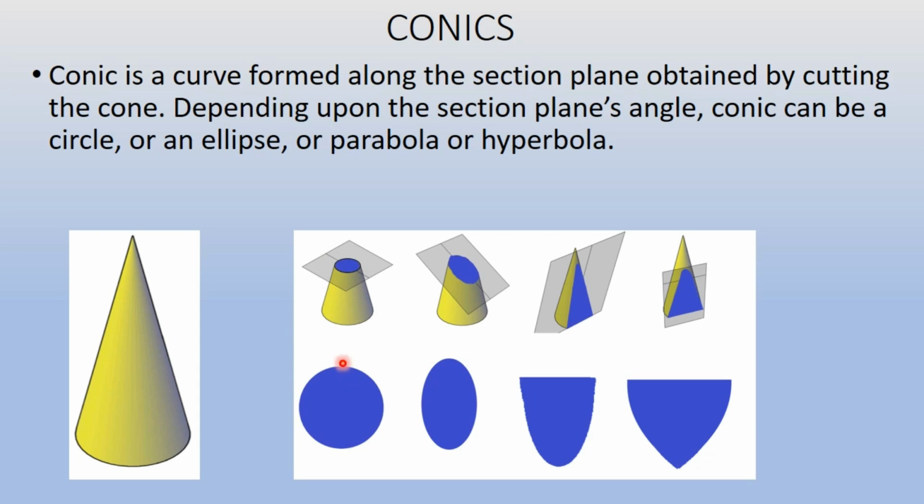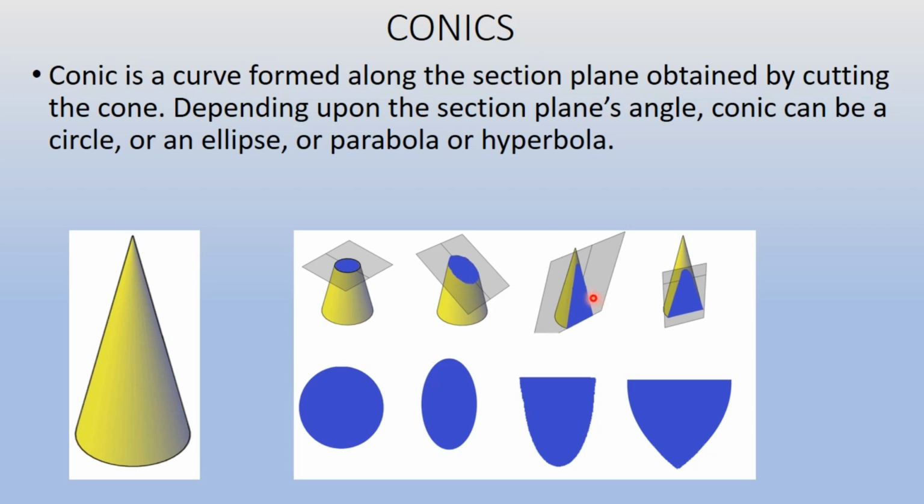But here circle is actually a conic, and when you cut the cone with an inclined plane such that the angle is in this fashion, that is it is not equal to 90 degree. You can see here the curve obtained is called ellipse, and you can observe here this is the ellipse.